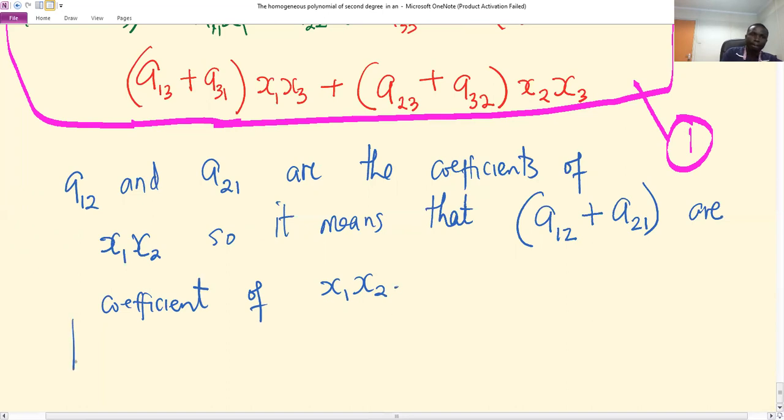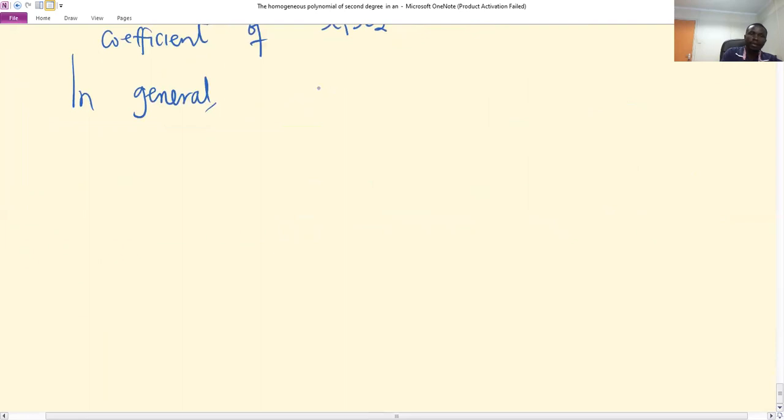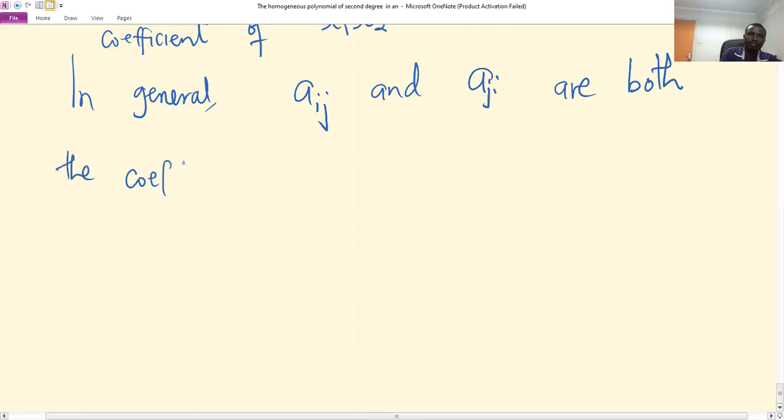In general, if we have aij and aji, both are coefficients of xi xj, whenever i and j are not equal.